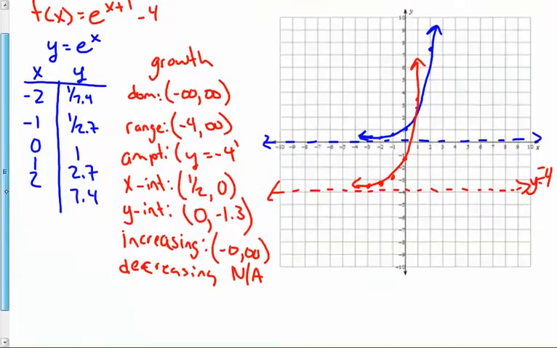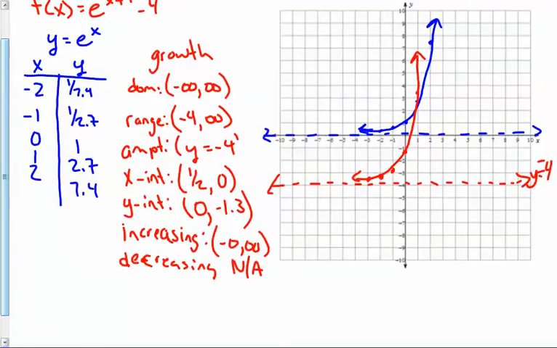We could also look a little bit at its end behavior. As x approaches negative infinity, meaning on the left side, f of x, meaning y, is approaching negative 4.